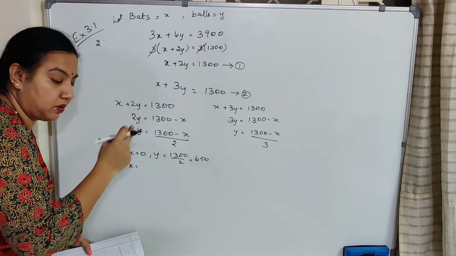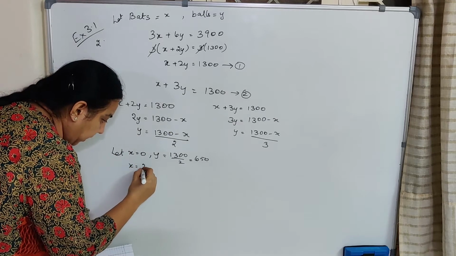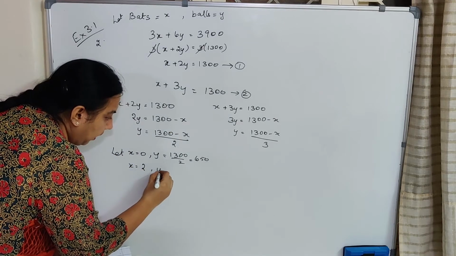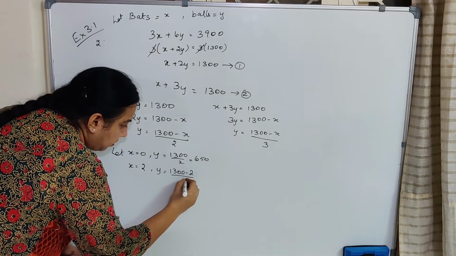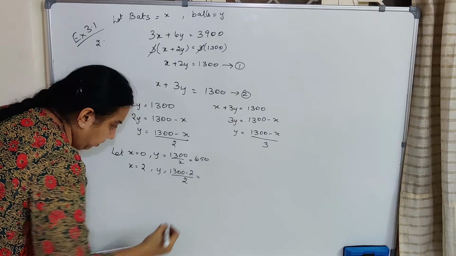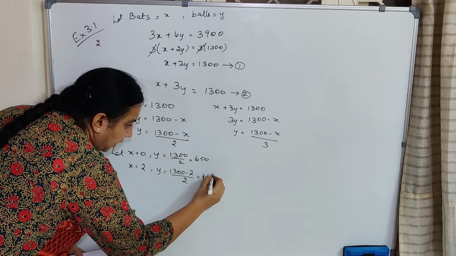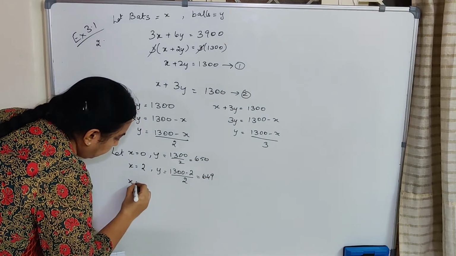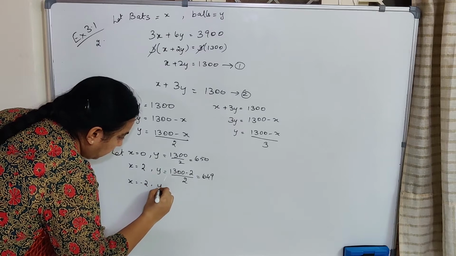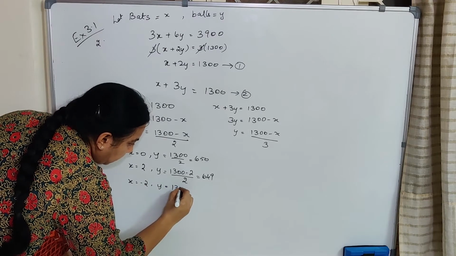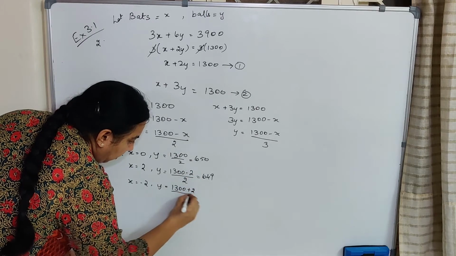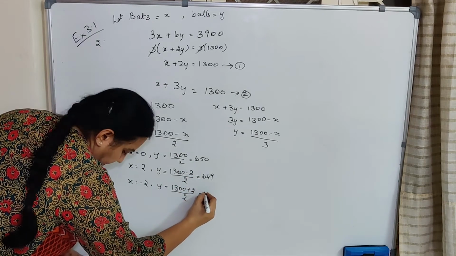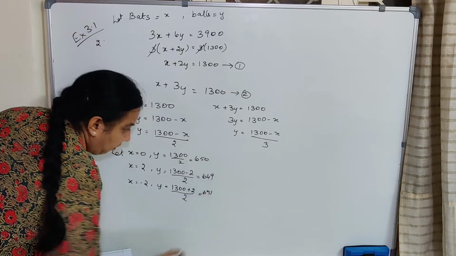So I am not using 1, I am going to use 2 here now. So I am making it as 2 and then y becomes 1300 minus 2 by 2, and that is equal to 649. Okay. And then x is equal to minus 2, y's value becomes 1300 minus into minus, so it becomes plus 2 by 2 and so that is equal to 651.